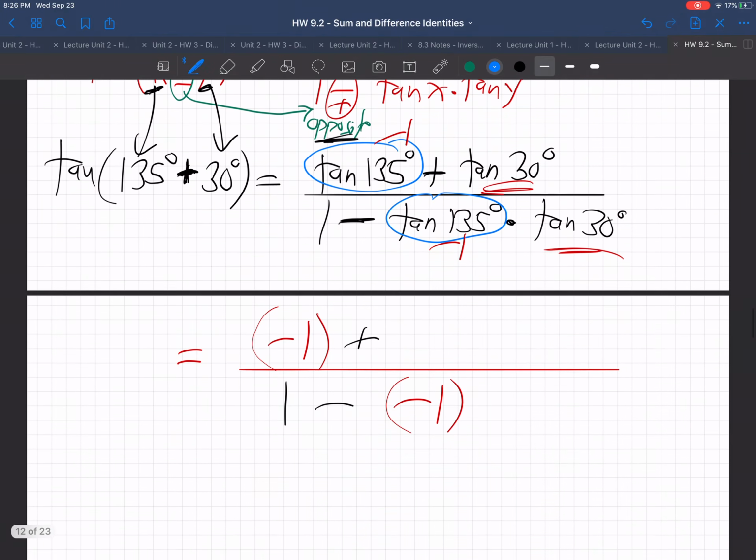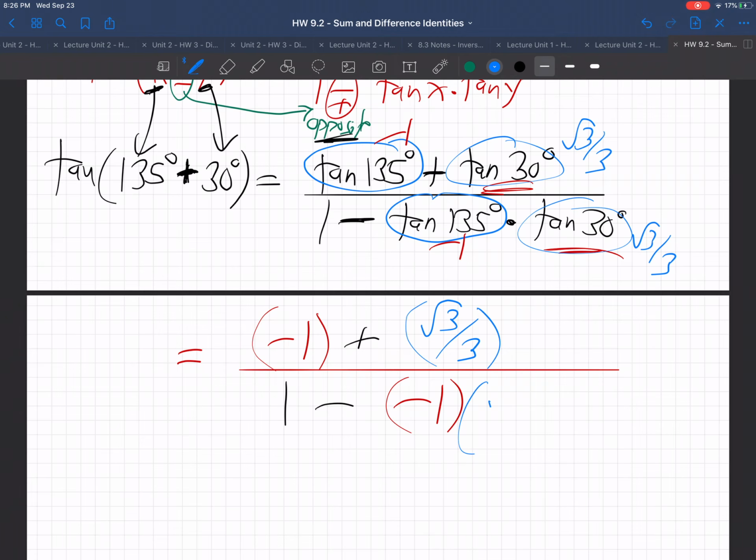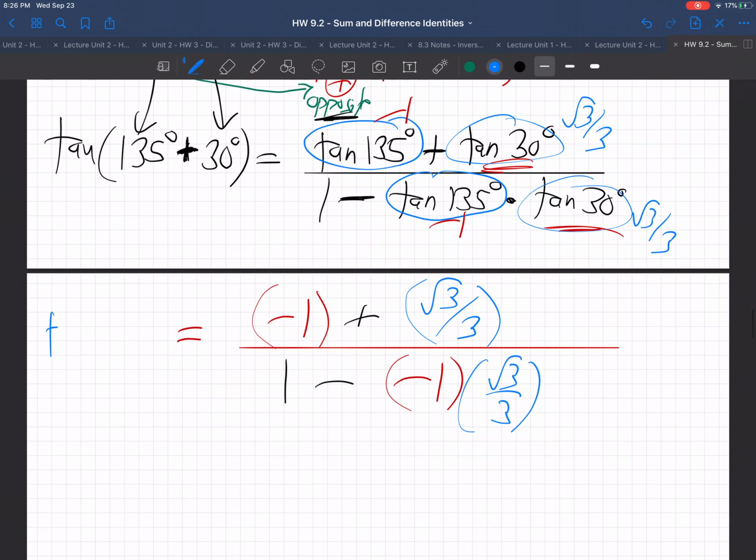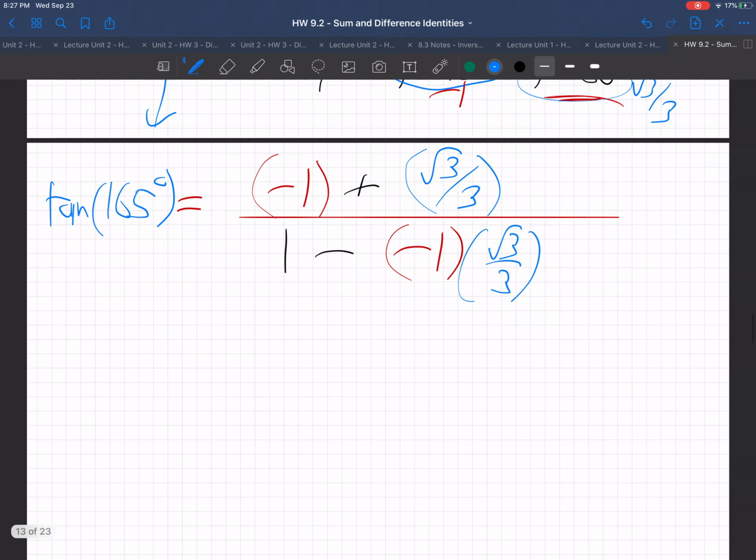So the tangent of 30 degrees right here, root 3 over 3, right here, root 3 over 3. So this is root 3 over 3 right there, and this is root 3 over 3 right there. Okay, and this is all going to be the tangent of 165. Okay, we got a little algebra to do here, though, a little work. So what are we going to do with this thing?